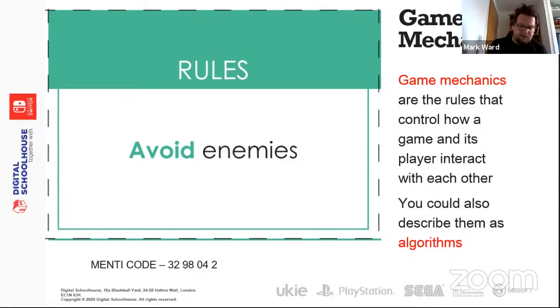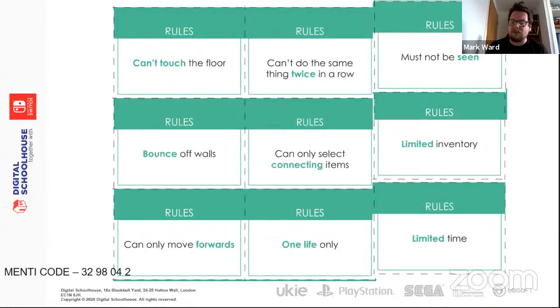But there are lots of different other things as well that you might want to include in a game. Things like not being able to touch the floor. I know if you're looking at a platform game like Mario, a lot of the sections in there you're not allowed to touch. You just kind of fall through holes in the ground. There's lava, etc. Not being able to do the same thing twice in a row.